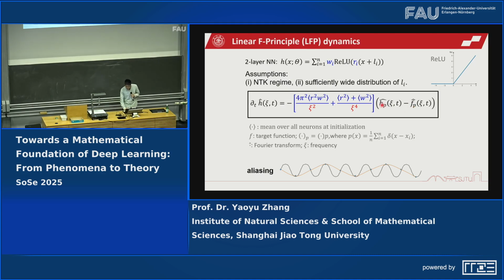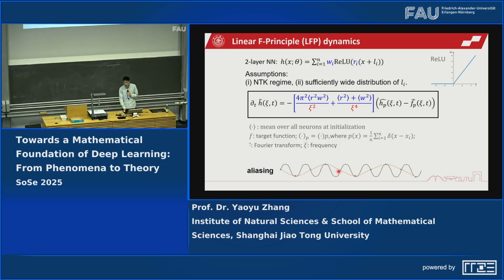And then, with these driving terms, what we can see is that there could be some aliasing effect. For example, if this F, the target, is a high frequency oscillation, however, we only observe this target function at sparse points.